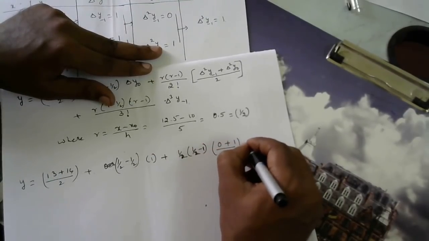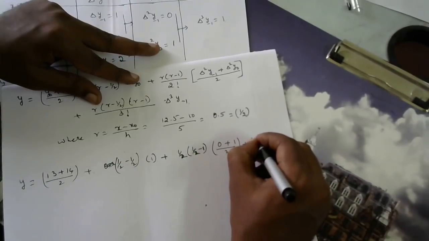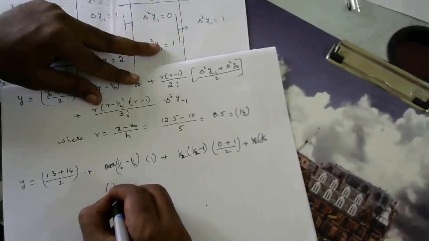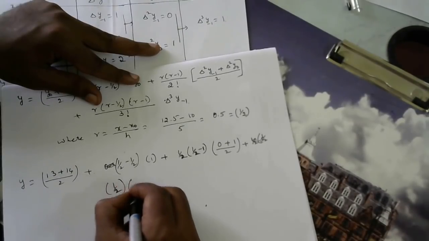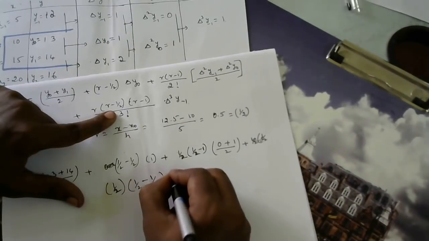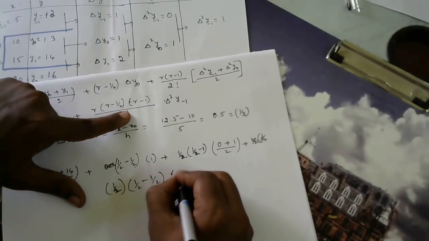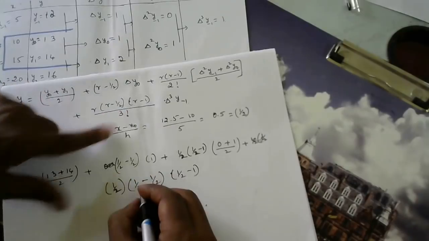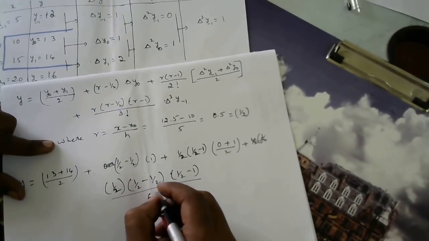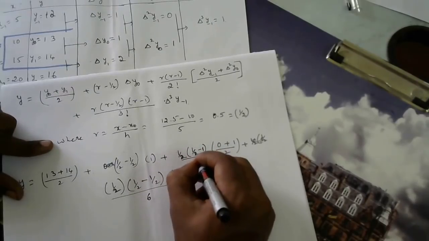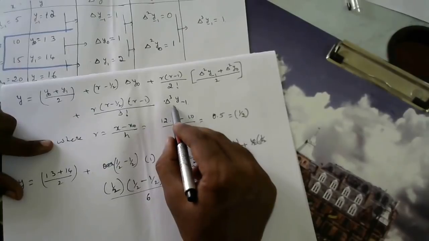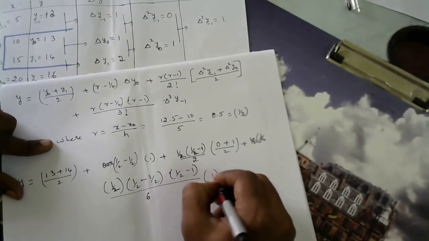And plus 1 by 2 into 1 by 2 minus 1 by 2, and 1 by 2 minus 1 whole, divided by 3 factorial which is 6, into delta cube y suffix minus 1, which is 1.